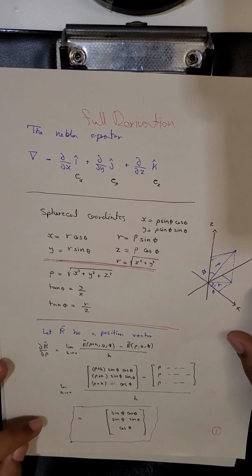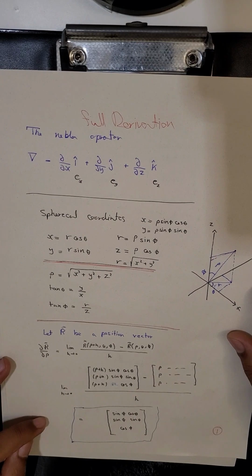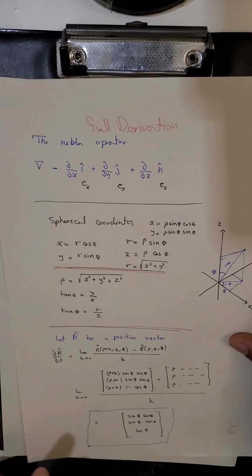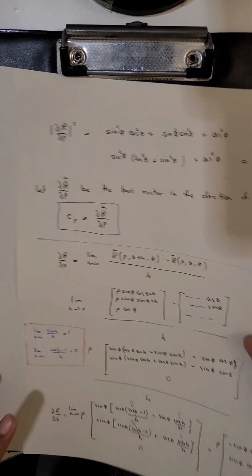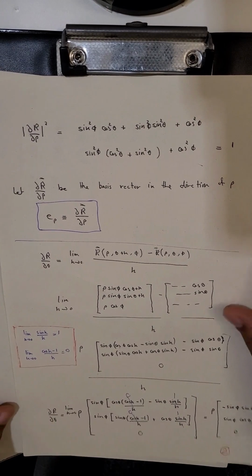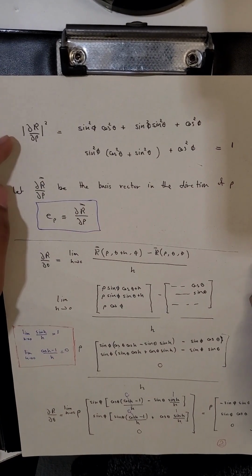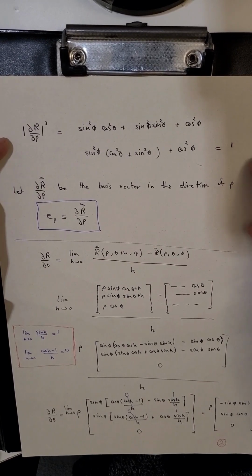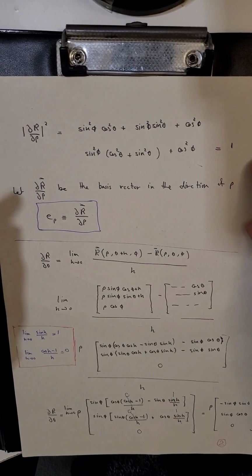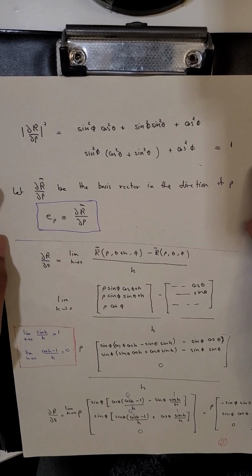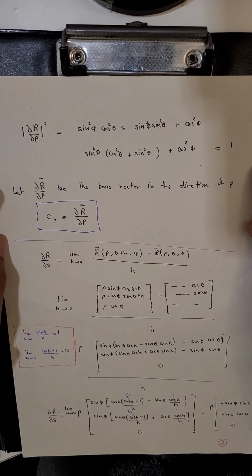And you end up with partial r, partial rho as this. Now, we try to find the norm of this vector, and it turned out to be 1. So we define the basis vector in the rho direction as just the partial derivative because it's already normalized.